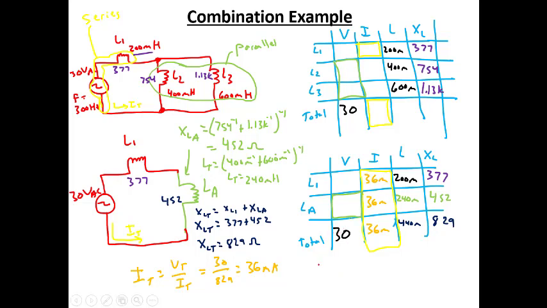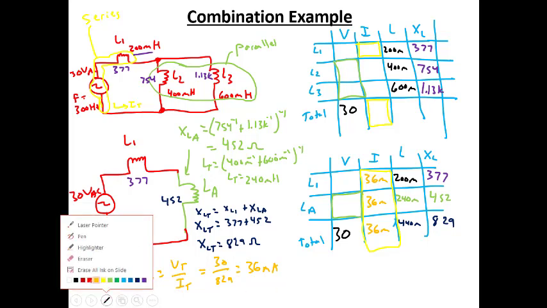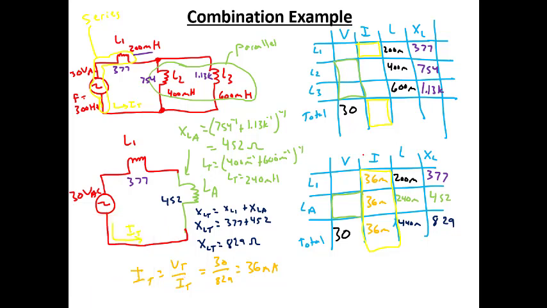All right. So next thing I can solve for is V1 and VA. So V1 is going to equal I total times X sub L1. So this is 36 milli times 377.